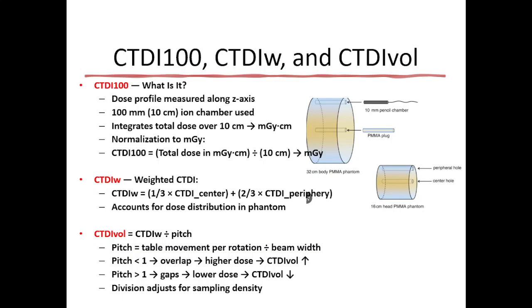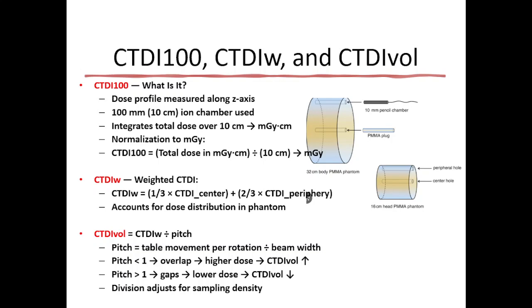Next, we have CTDIw, or weighted CTDI. This combines the center and periphery measurements to give an average dose across the entire phantom. The formula is CTDIw equals 1/3 of the central measurement plus 2/3 of the periphery measurements.